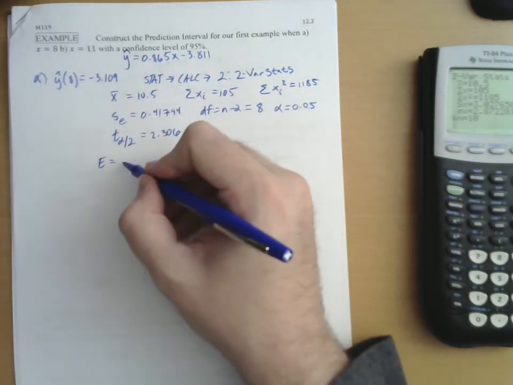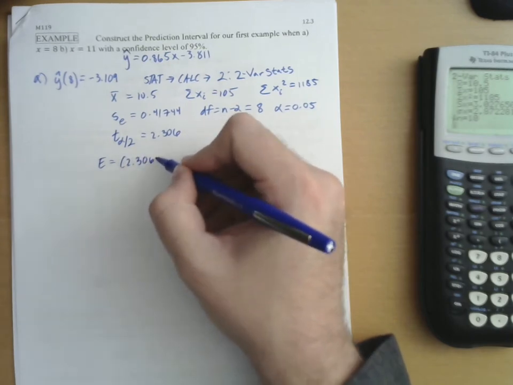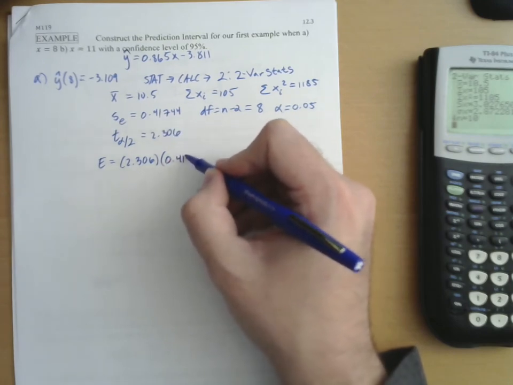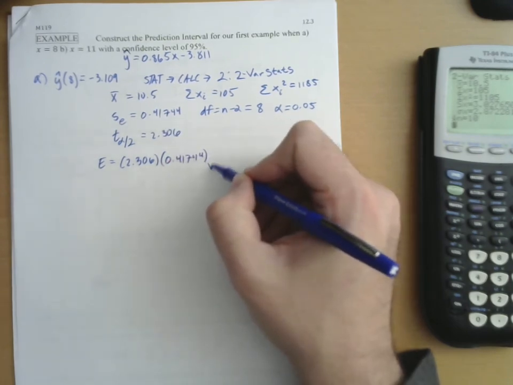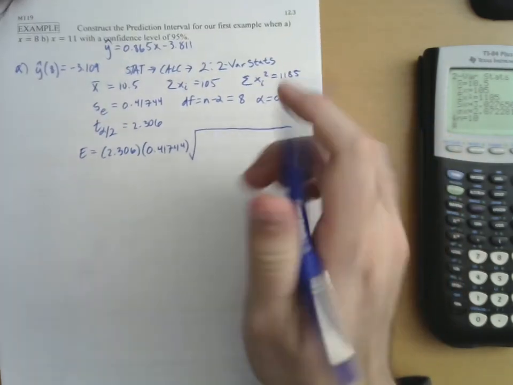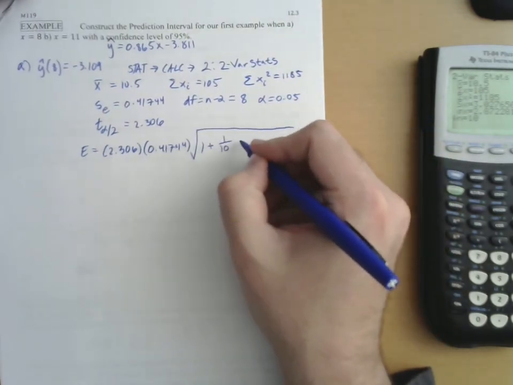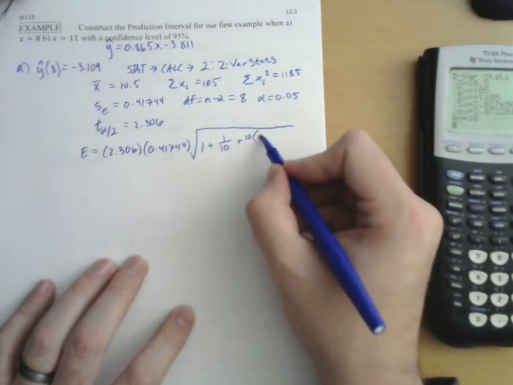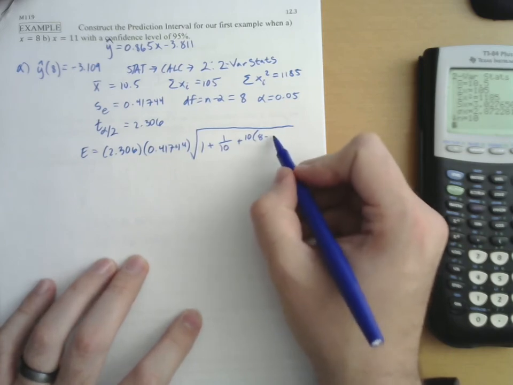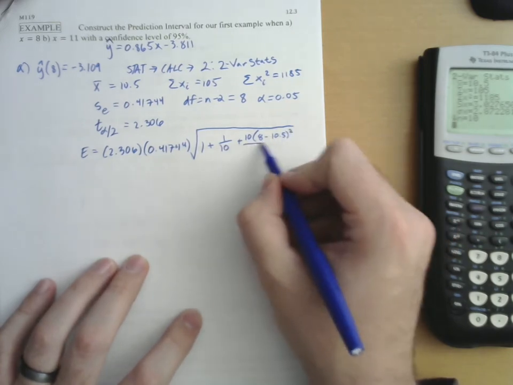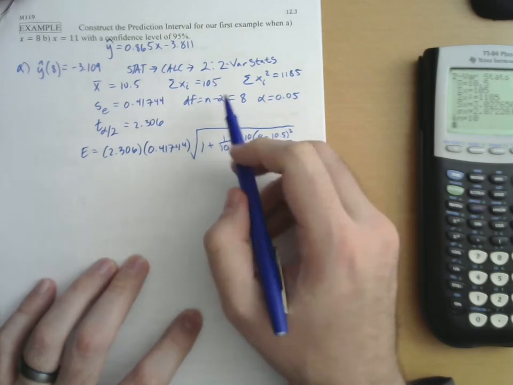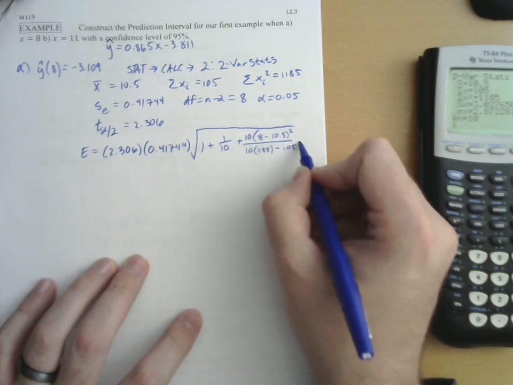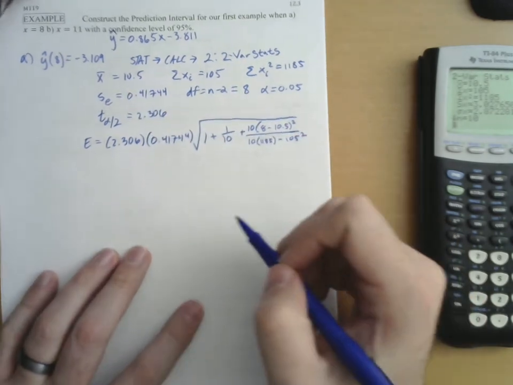And so our error then is 2.306, t sub alpha over 2, times our standard error estimate, 0.41744, times the square root of 1 plus 1 over n, which is 10, plus 10 times the number we're predicting for, which is 8, minus the average, 10.5, quantity squared, all over 10 times our sum of x sub i squared, 1185, minus our sum of x sub i quantity squared, which is 105 squared.